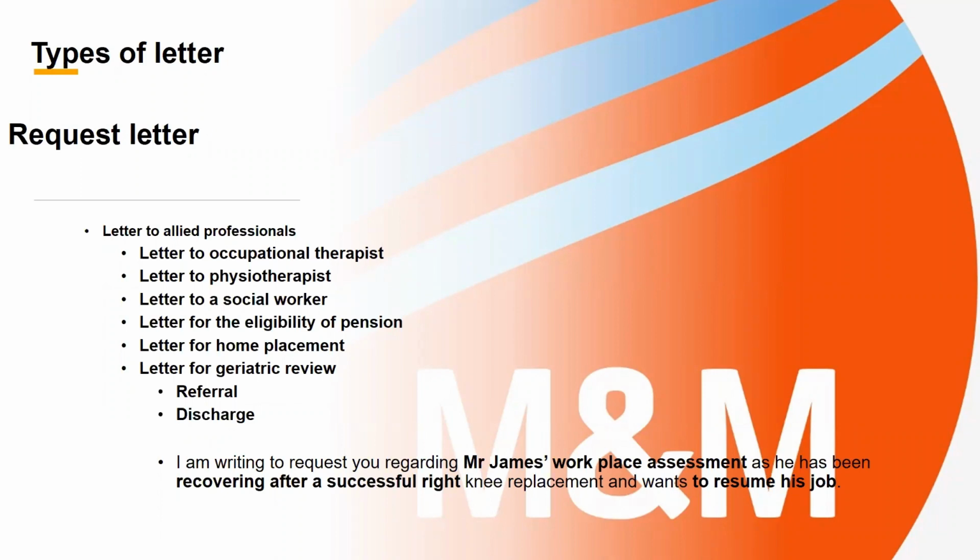So first of all, we need to understand what is the role of the occupational therapist, what is the job requirement of the occupational therapist. So first of all, it is the job of the occupational therapist to go for the hazard assessment, either at workplace or at home, right? We need to go for the hazard assessment at workplace or at home.